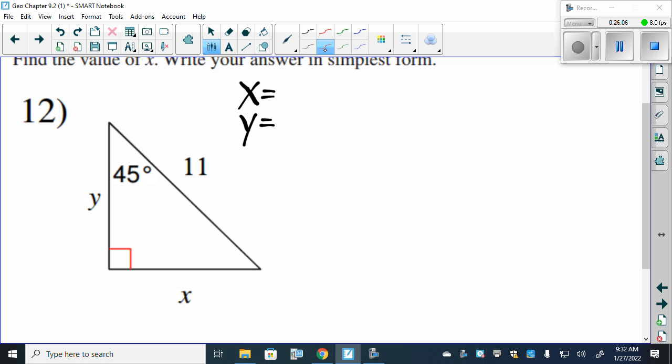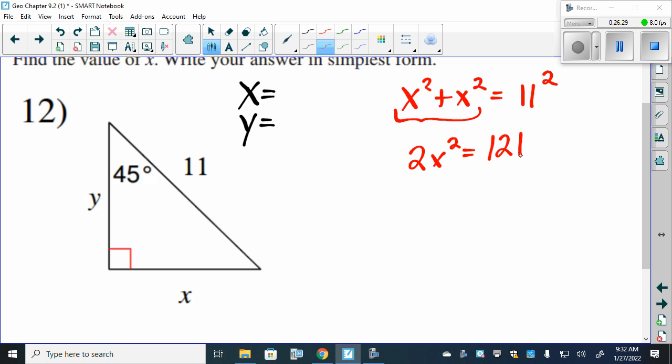So A and B are both going to be x, because they're the same thing. And our value of C is going to be 11, and we'll square it. So x squared plus x squared is 2x squared is equal to 121.